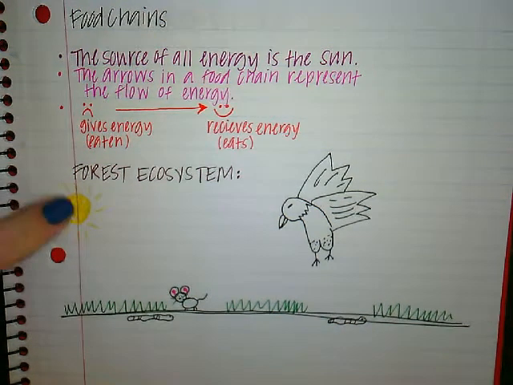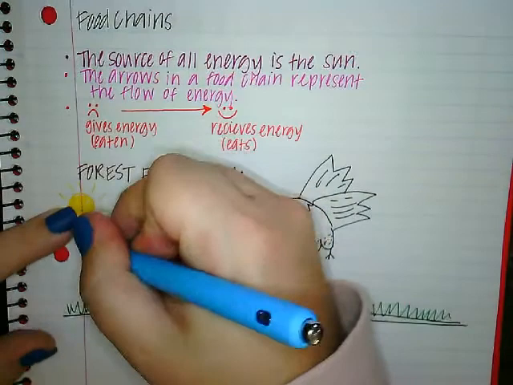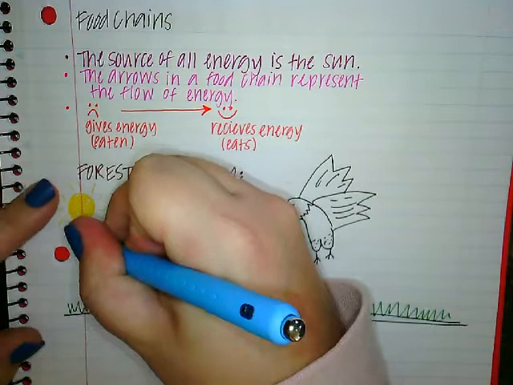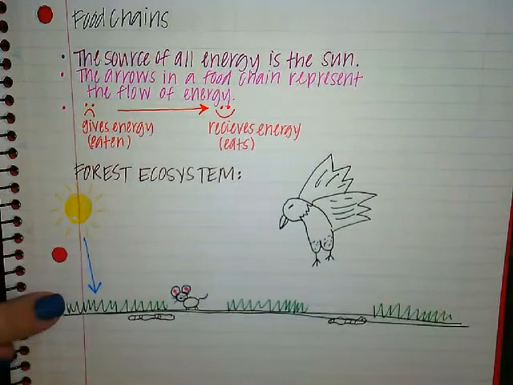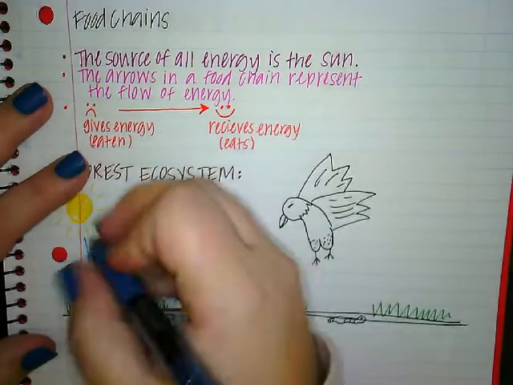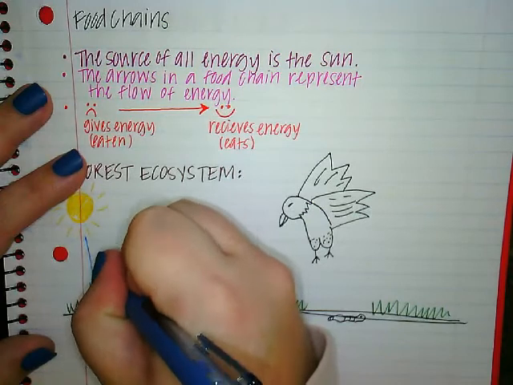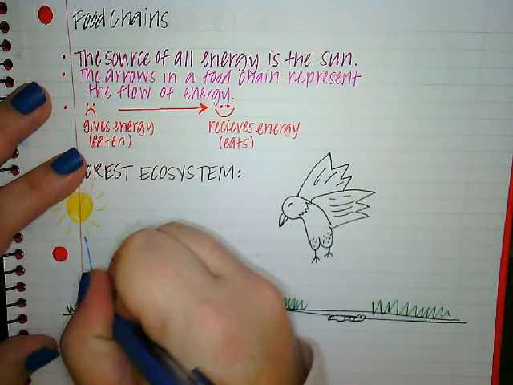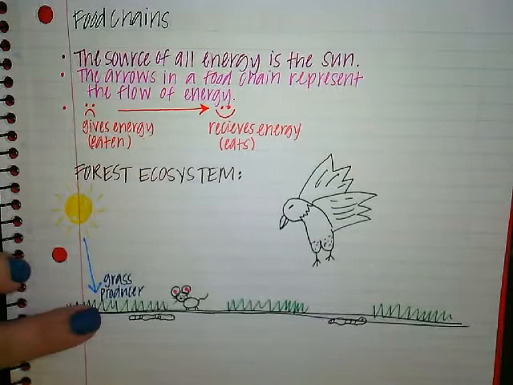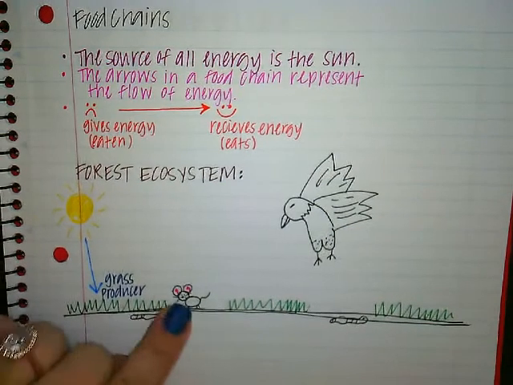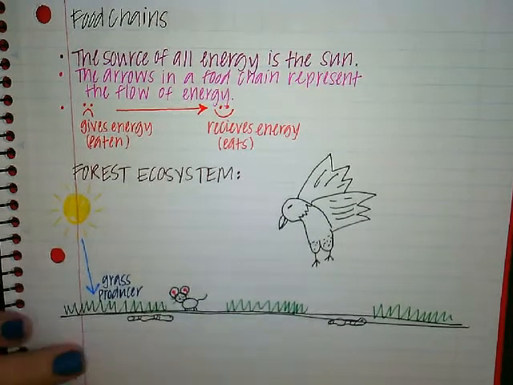So now let's track some energy. Let's pick a color we haven't used yet. All right. So we know that the sun is the source of all energy. The sun is going to give its energy to the grass, okay? So we're going to label the grass as a producer, okay?